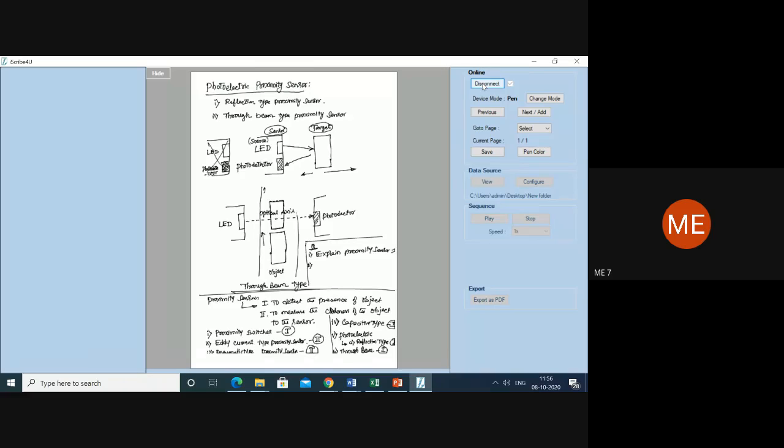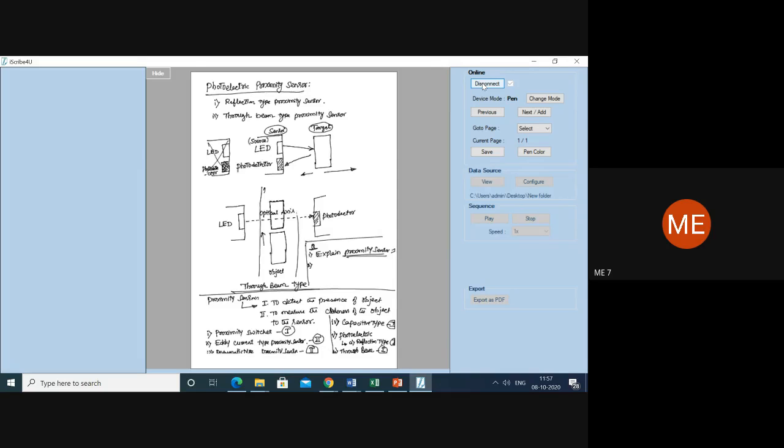So the question may be broadly on the proximity sensor, in which case you pick any method and write, or else it may come down to a particular type. So this is about the concept of proximity sensors.